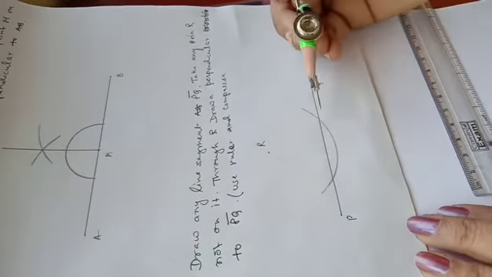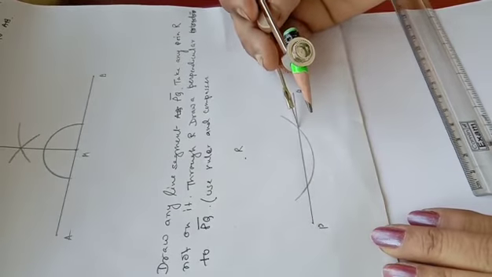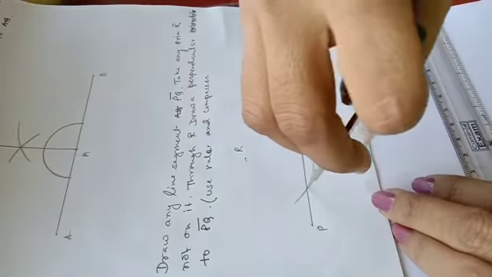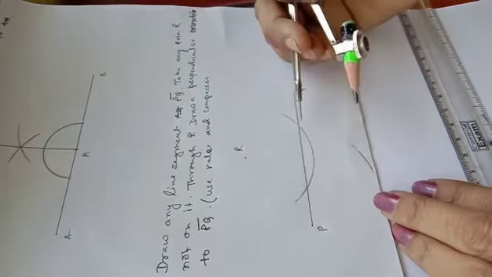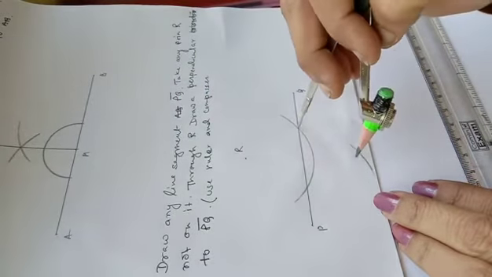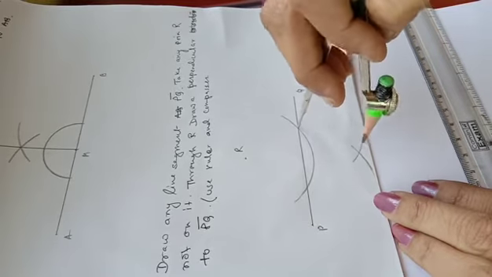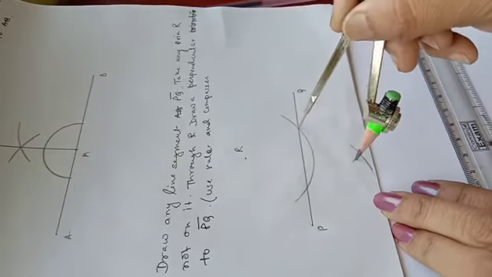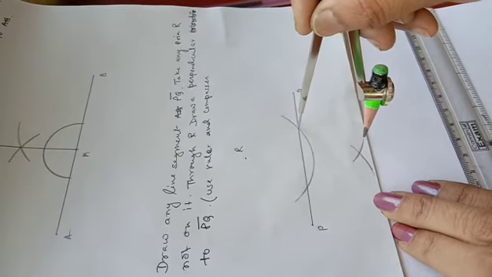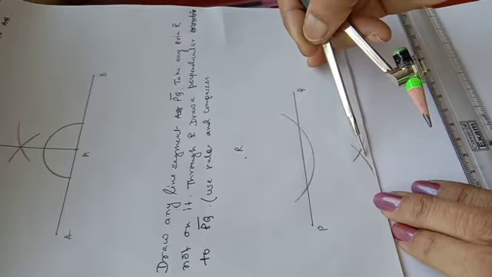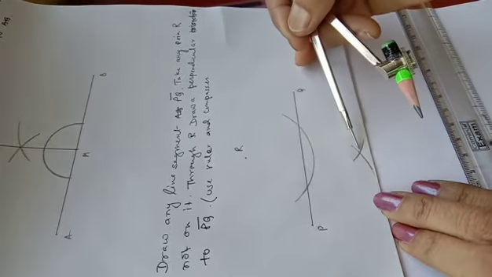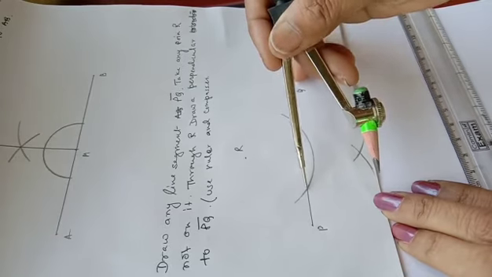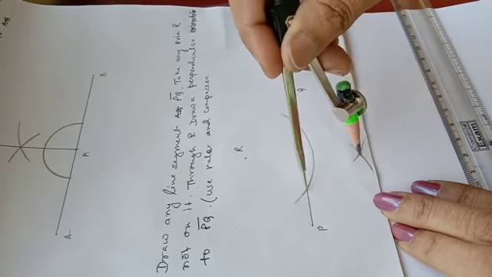After that you will put the pointer on this intersecting point and draw an arc on the opposite side of the line from where the point is, and again put the pointer over here and draw another arc.